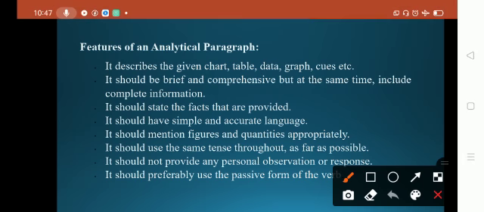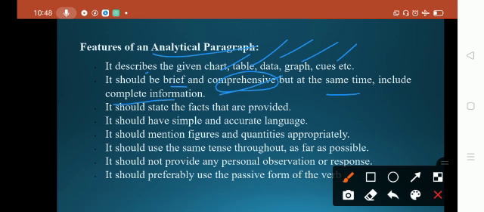Now, what are the features of an analytical paragraph? First of all, it describes a chart, table, data, graph, cues. Then it should be brief and comprehensive, means it could be understood easily but at the same time include complete information.